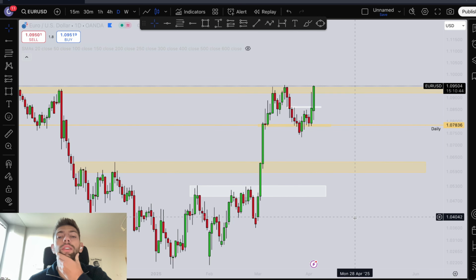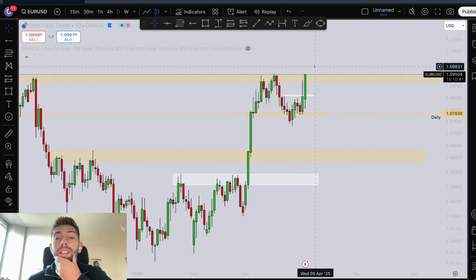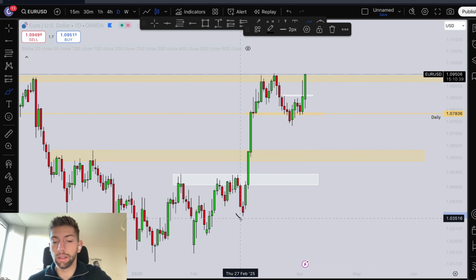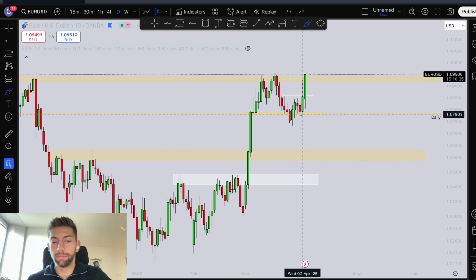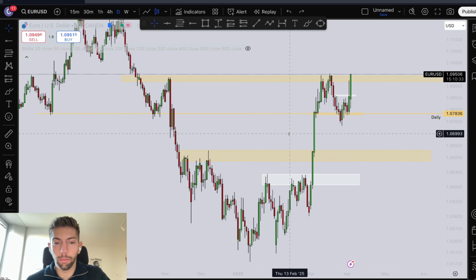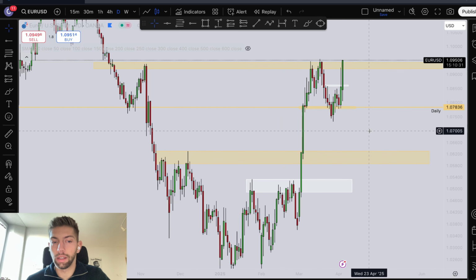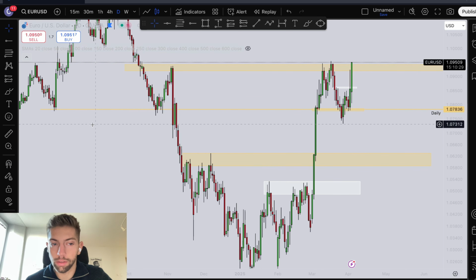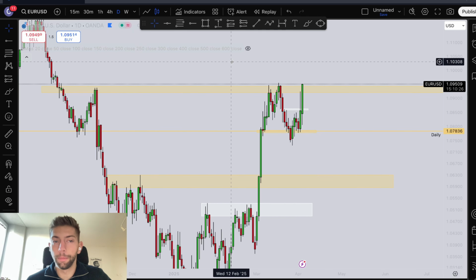On a daily time frame, you can see price is in a clear bullish trend, making higher lows and higher highs. So I want to buy, obviously, at some key level, which at this point was this daily key level for me, which is also a weekly level.